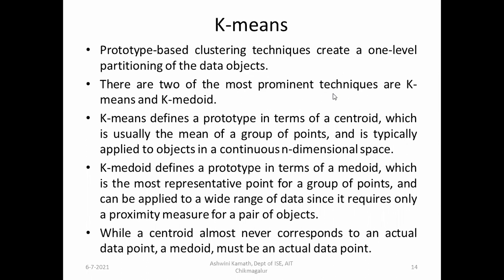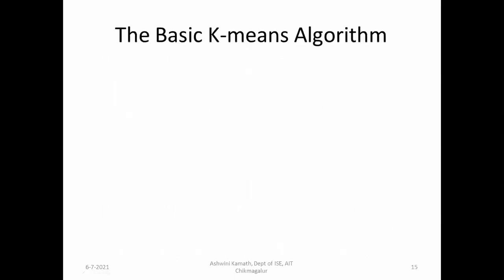That is mean or centroid based. In a medoid based, it will usually not be a data point because we are going to find the average. We cannot say that an average value can be a point, but for a medoid we are going to consider the most specific value there, so it must be an actual data point.